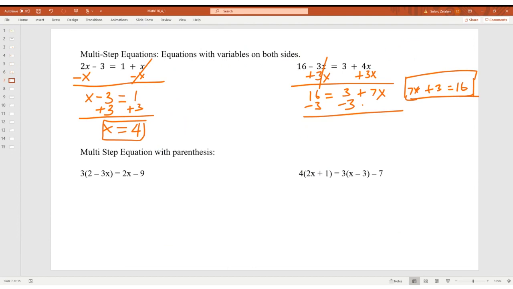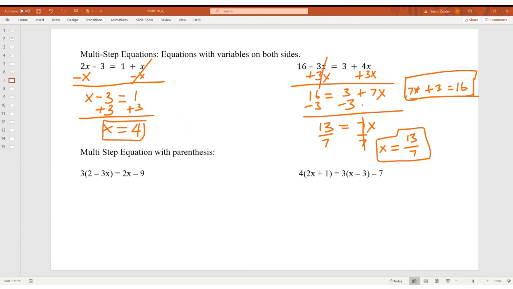So we have 13 equals 7x. Then divide by 7. That is x. So x equals 13 over 7. Okay, simple. Once you have the variable on one side, you will have a two-step equation, and it's easy to solve a two-step equation. Any question on these examples?